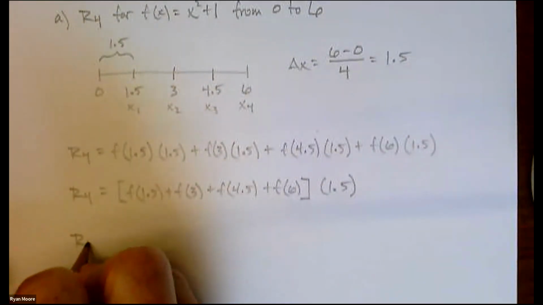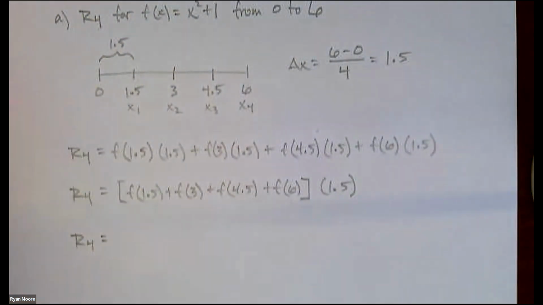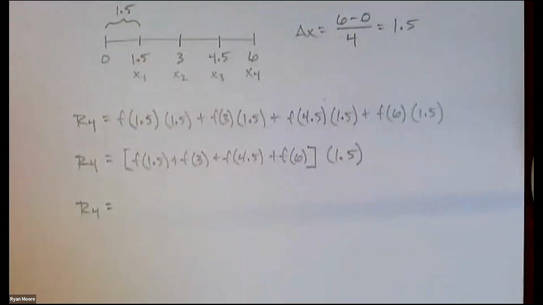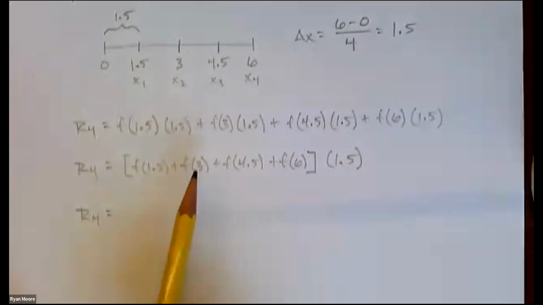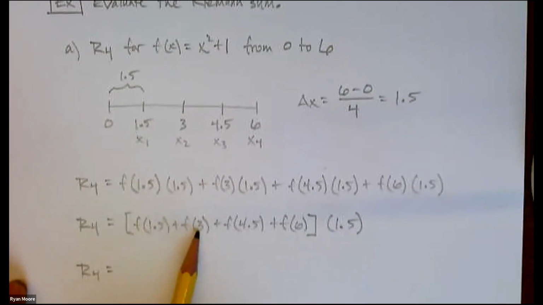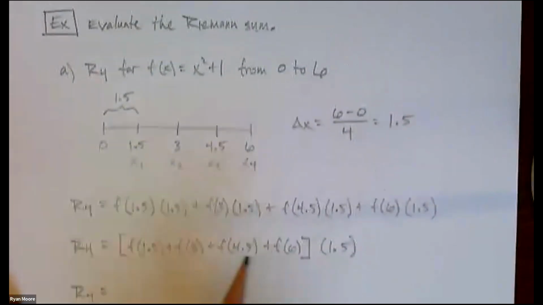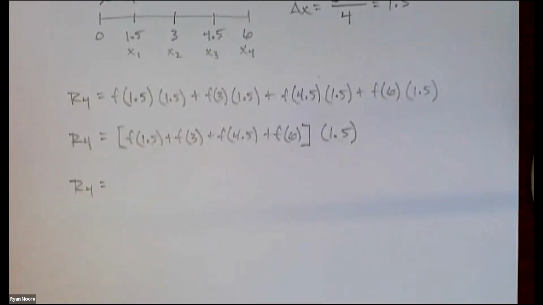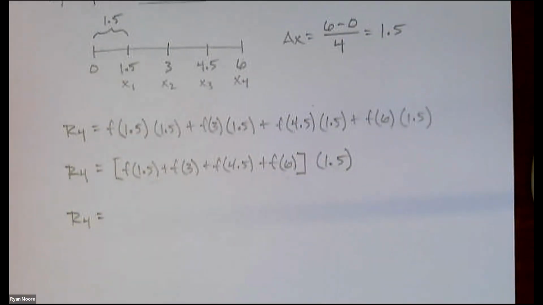All right. At this point, it's a little bit tedious, but that's how it is when you start from the ground up. We've got to find f of 1.5, f of 3, f of 4.5, f of 6. Remember our function back here. I recommend doing this all in one shot in your calculator.